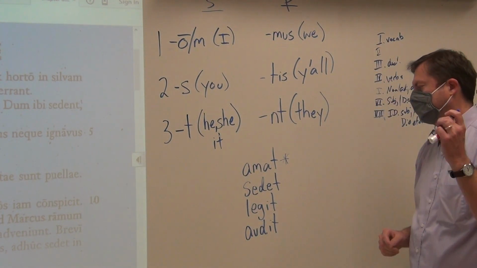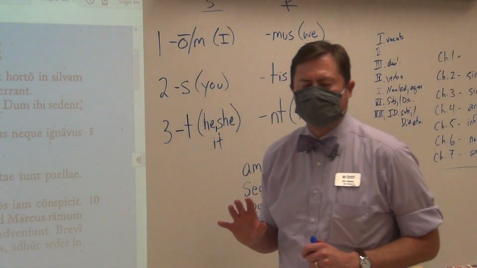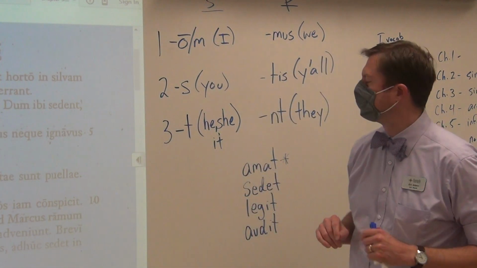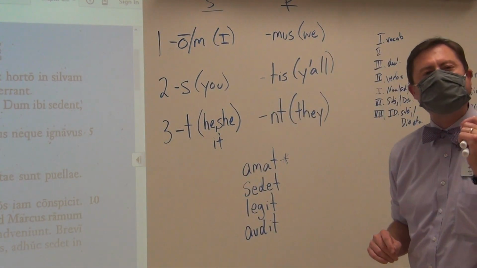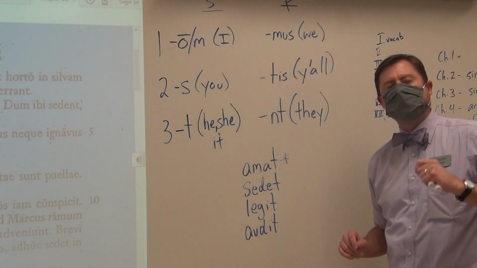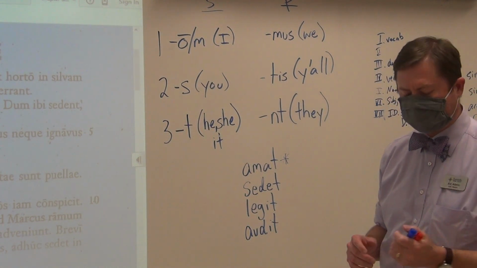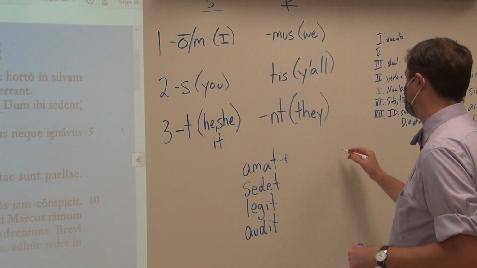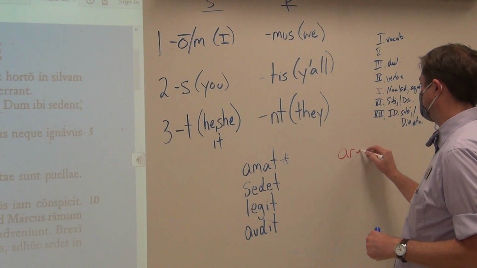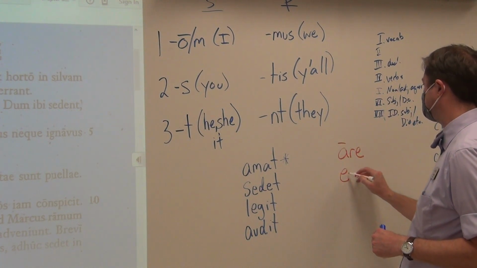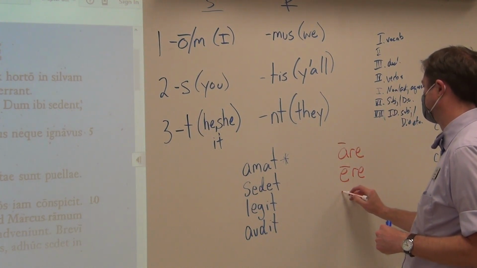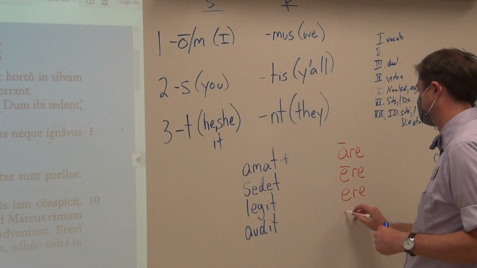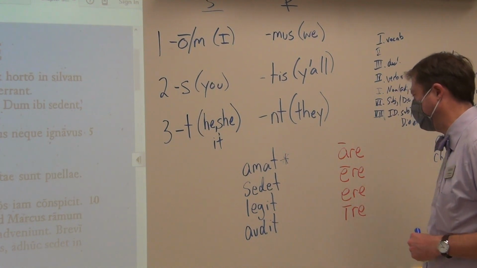Now, likewise, in this chapter, we are encountering for the first time a verb that does not have a subject. And the verbs that do not have a subject are going to look like the following: are, ere, ere, and ire.